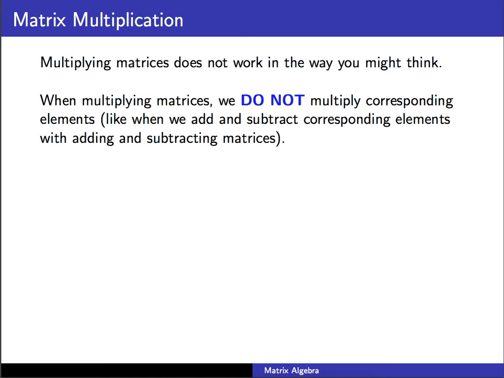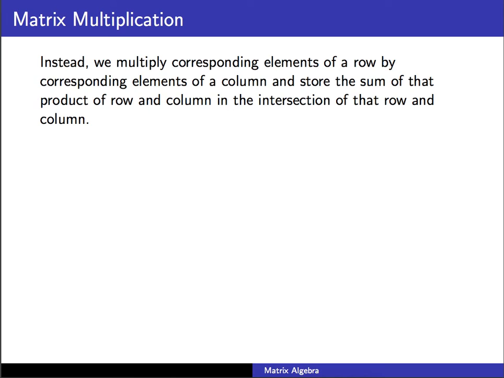When we multiply matrices, we do not multiply corresponding elements like we add and subtract corresponding elements for addition and subtraction. Instead, we multiply the corresponding elements of a row by the corresponding elements of a column and store the sum of that result in the intersection of that row and column, or in the row number and column number of our answer.